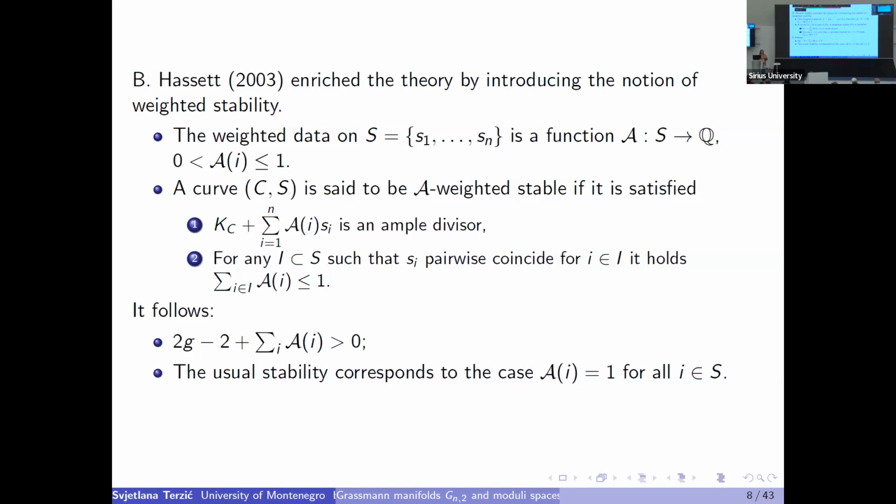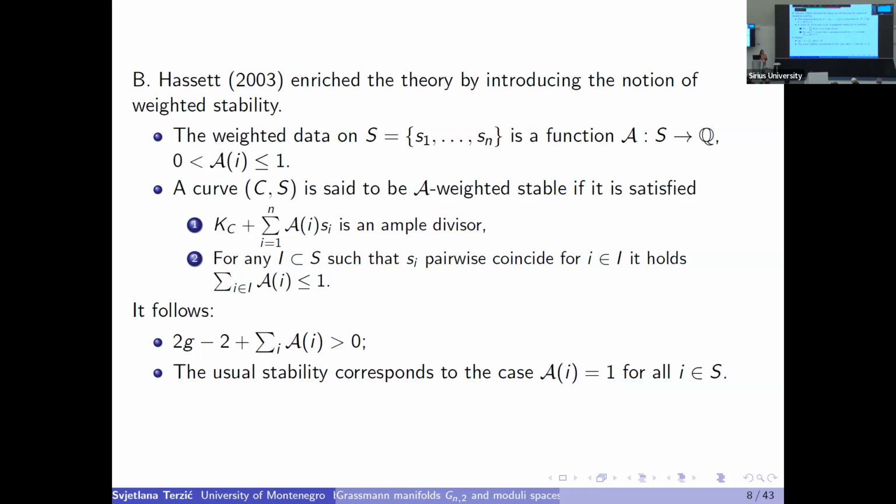And in this case, the curve also has to have only nodal singularities, but these marked points do not have to be distinct in general. So there is a second condition: for each subset I of S, if the s_i pairwise coincide for i in I, it holds that the sum of the weights is less or equal to 1.